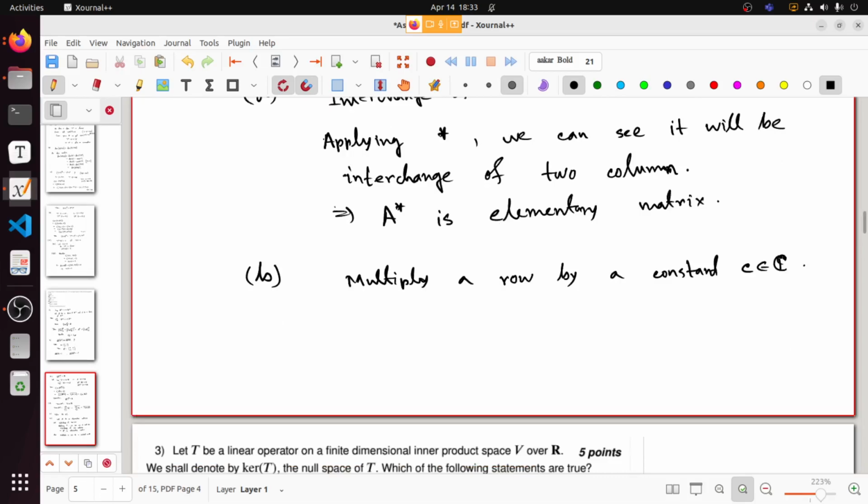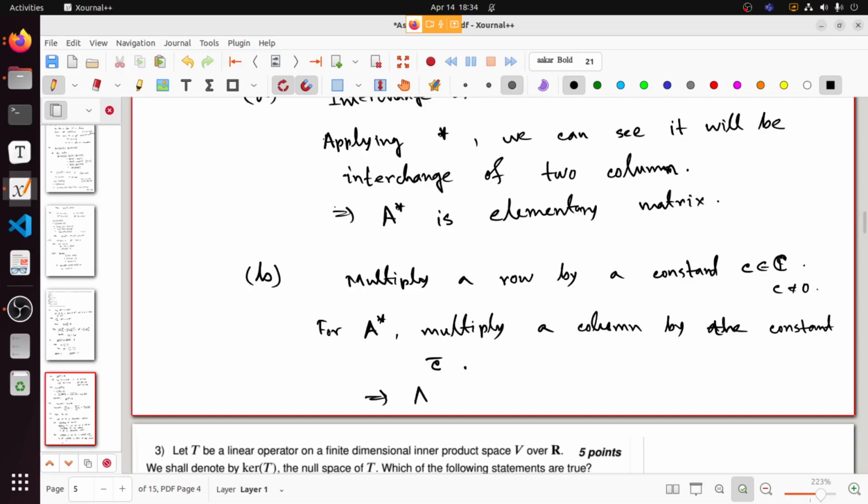So for A star, it will be multiplying a column, C is non-zero, right? By the constant C bar, right? So which implies A star is again an elementary matrix.